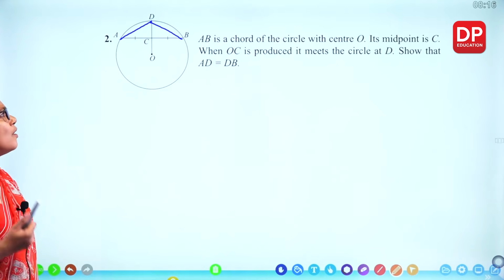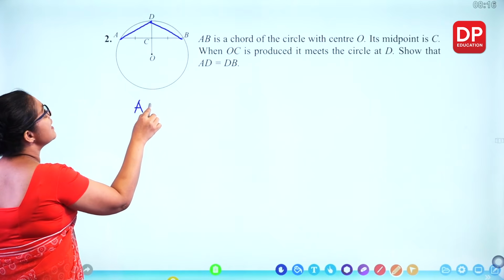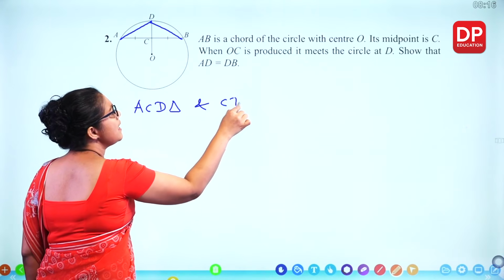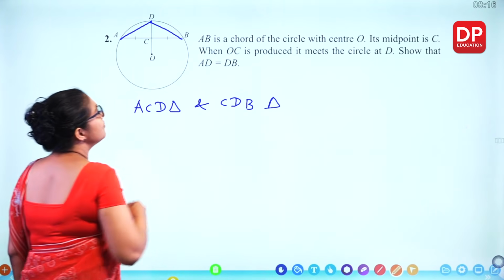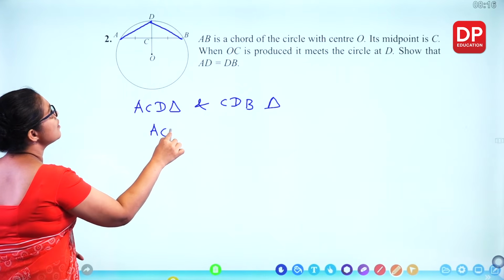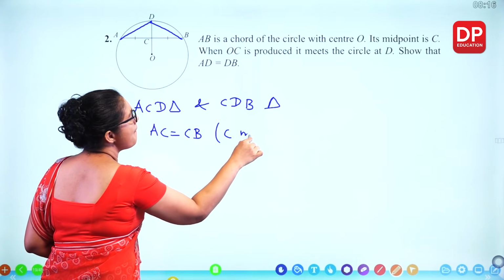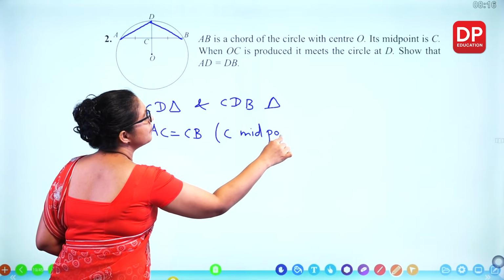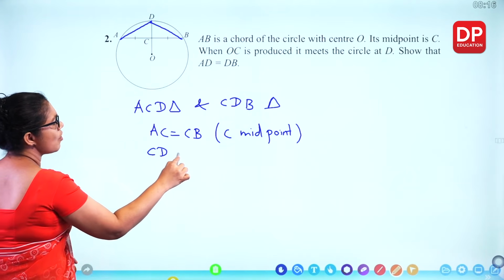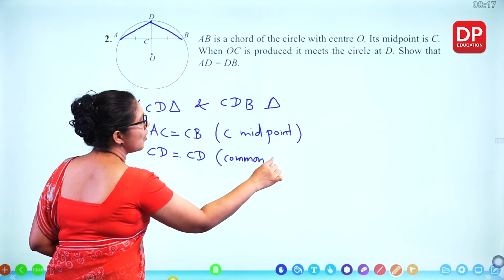So again, we can use the two triangles and see. So we'll take ACD triangle and CDB triangle. What do you know about those two triangles? We know AC is equal to CB, already given. C is the midpoint. And CD is common side.